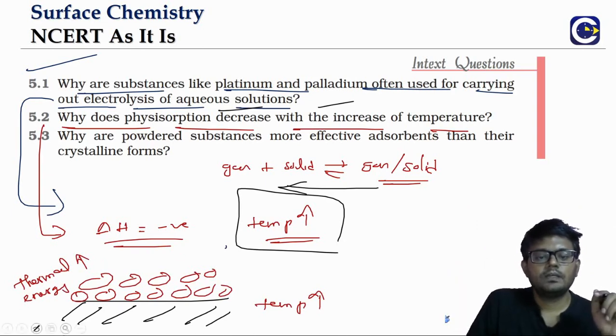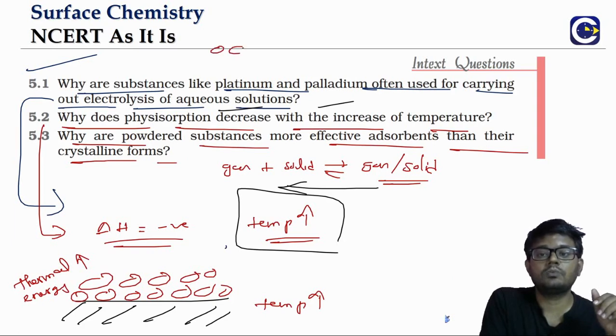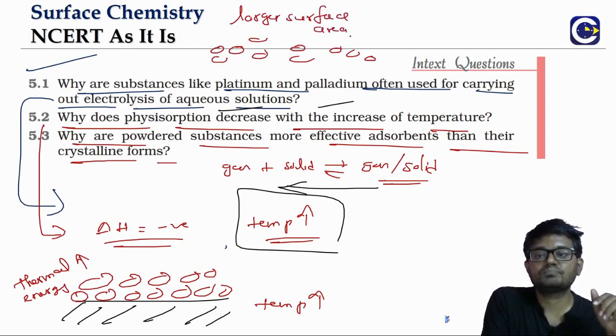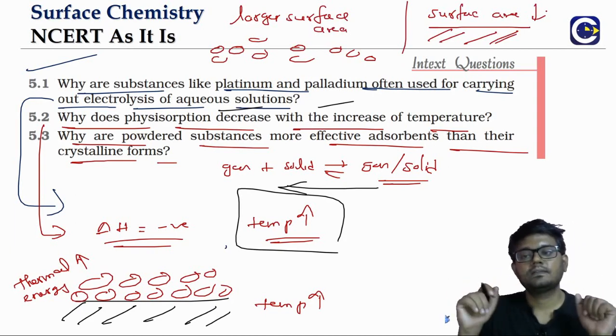The 5.3 question is, why are powdered substances more effective adsorbents than their crystalline form? This is the reason that we give. When we talk about the powdered form, we will be able to have a larger surface area. If we take a crystalline form, the surface area that they can provide will be less.